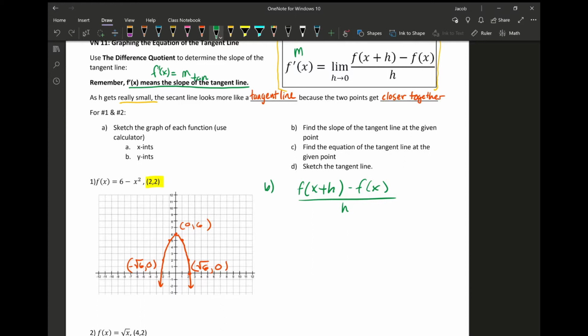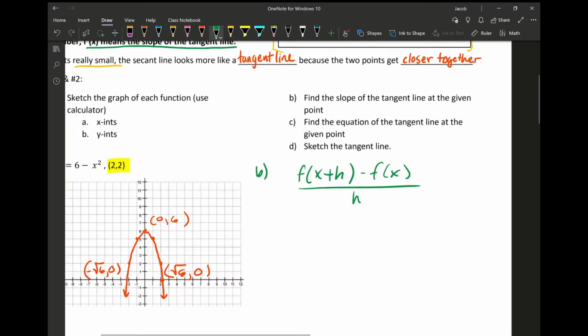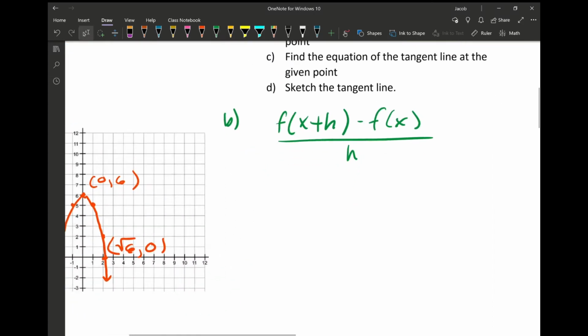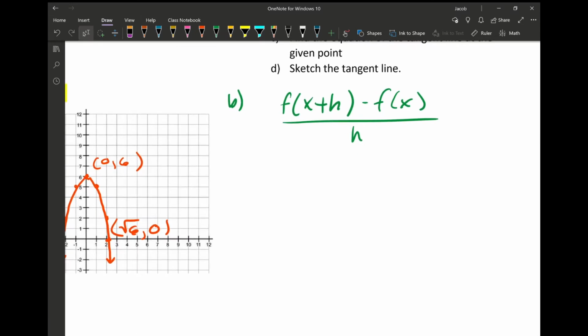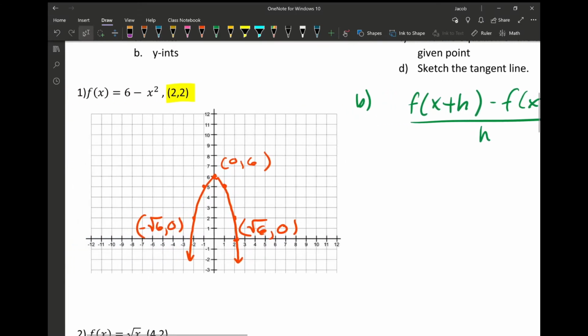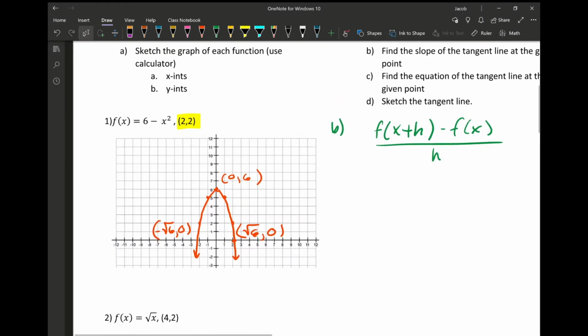We're going to put our quadratic into this composition of functions. This is where things get a little sketchy if you don't remember how to use composition of functions.